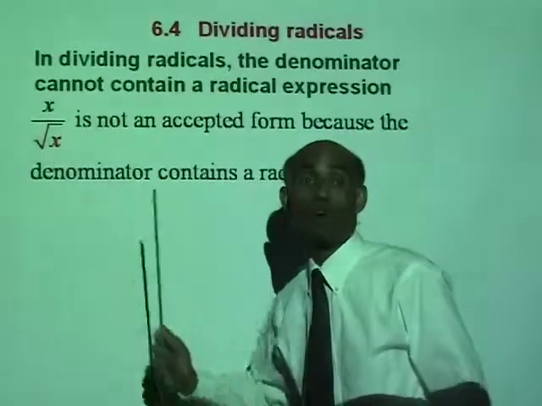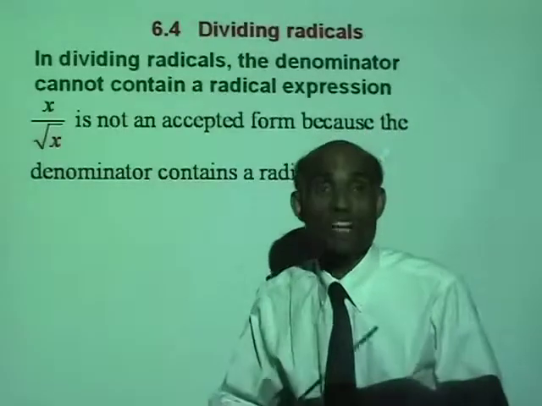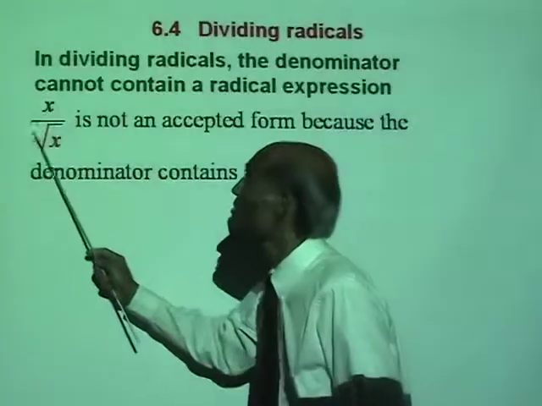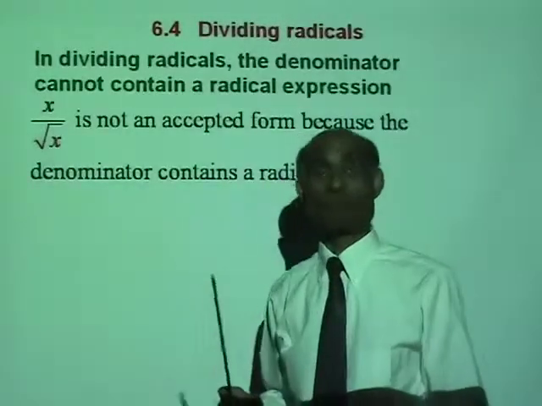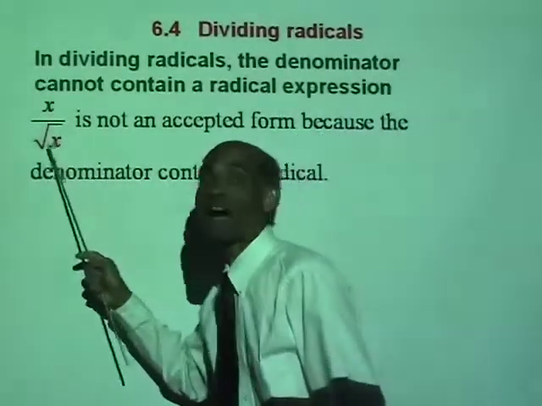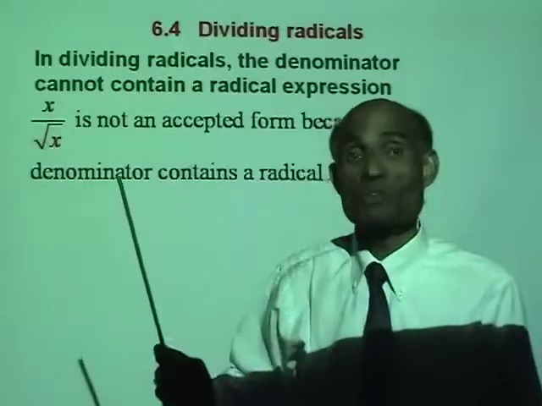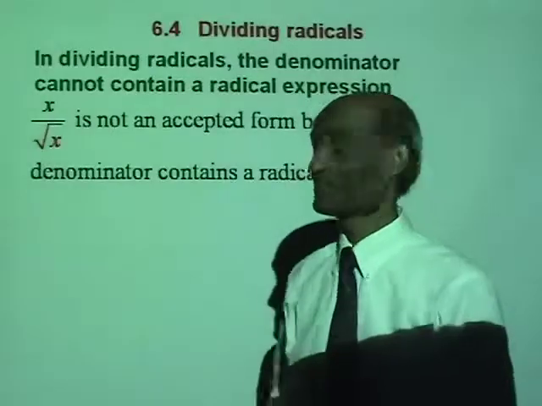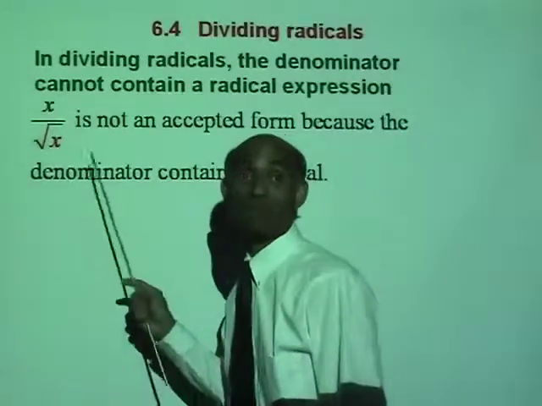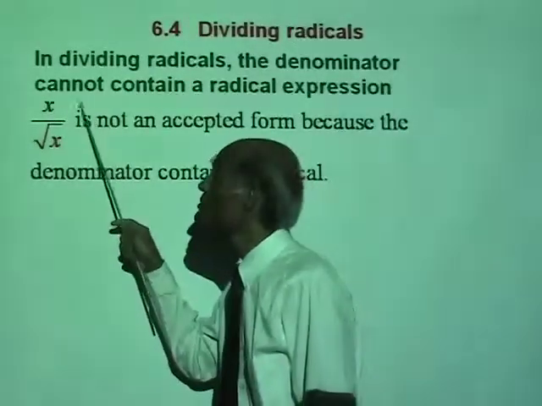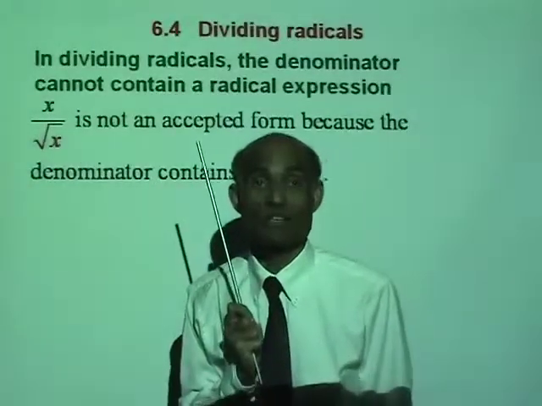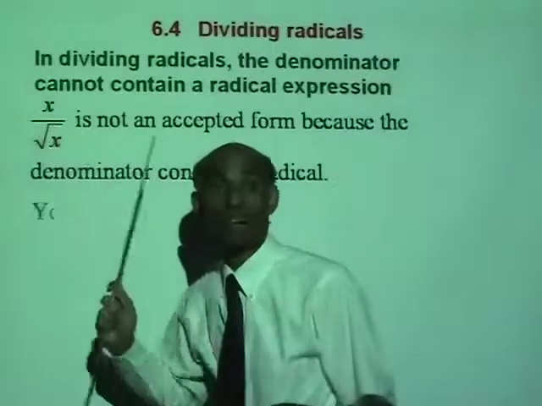x over square root of x is not an accepted form because the denominator contains a radical. Alright, tell me, how will you now write it without the radical sign in the denominator? Well, we will multiply the numerator and the denominator by what quantity? By square root of x.